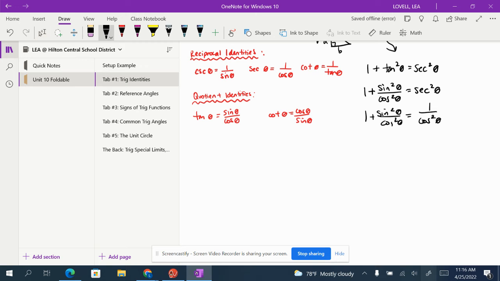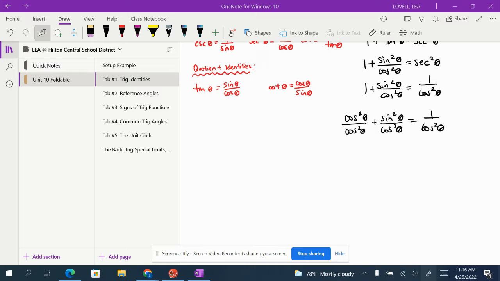So now I have 1 plus sine squared theta over cosine squared theta. I'm going to get a common denominator here. So I get cosine squared theta over cosine squared theta plus sine squared theta over cosine squared theta is equal to 1 over cosine squared theta.